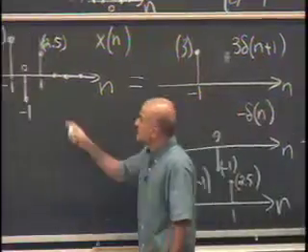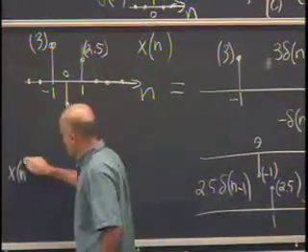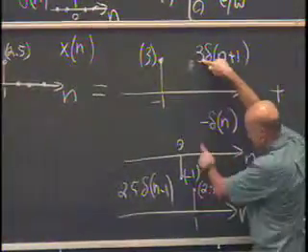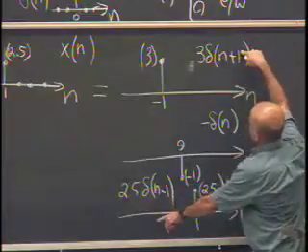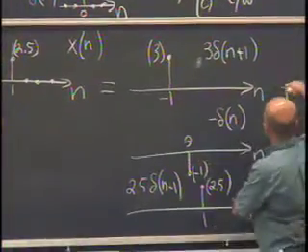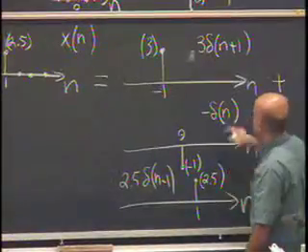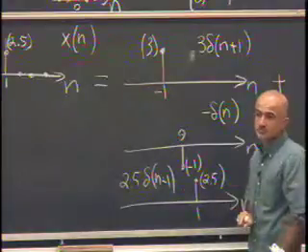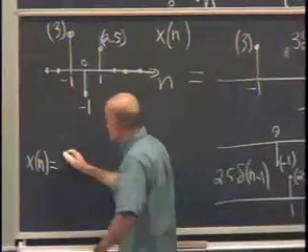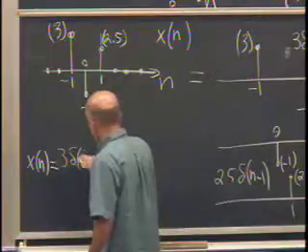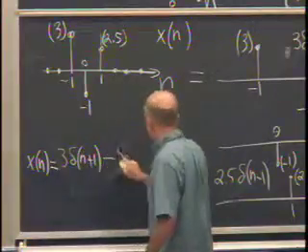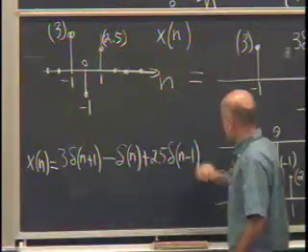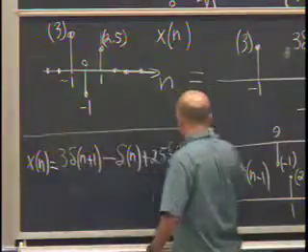And that's exactly how we've decomposed x as a linear combination. You've got 3, minus 1, 2.5 times each of the corresponding deltas added together. That's where you get the linear combination of shifted deltas. So x of n is equal to 3 times delta n plus 1, minus delta n, plus 2.5 delta n minus 1. And that's your decomposition for this particular signal.